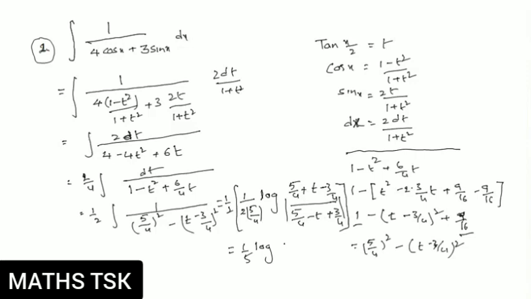So 2 plus 4t by 8 plus 8 minus 4t. So you can simplify like this. You can cancel as a log of 1 plus 2t by 4 minus 2t, where t is equal to tan of x by 2.